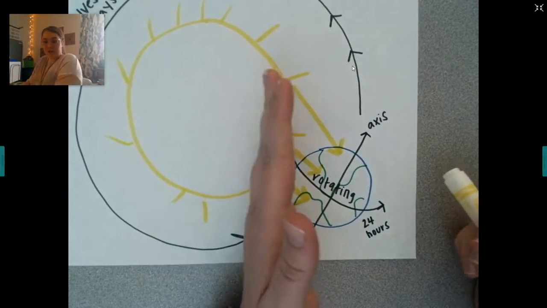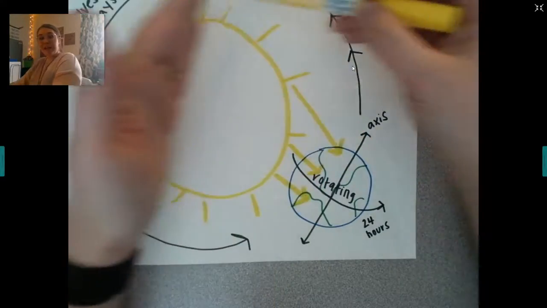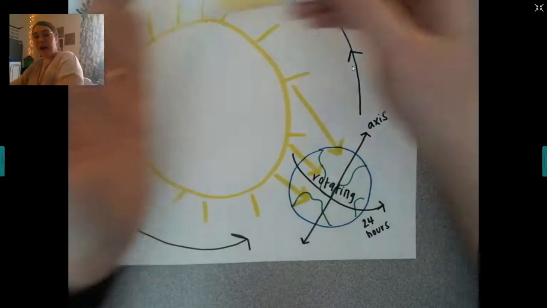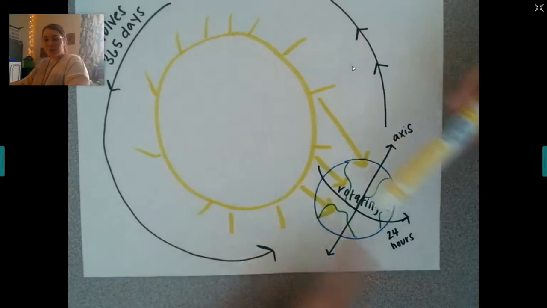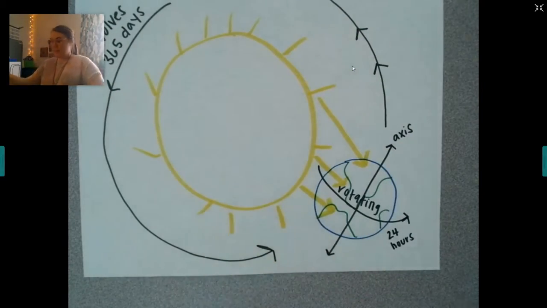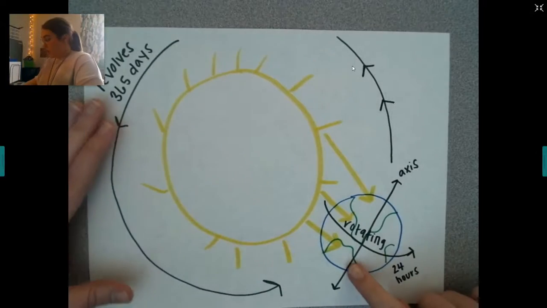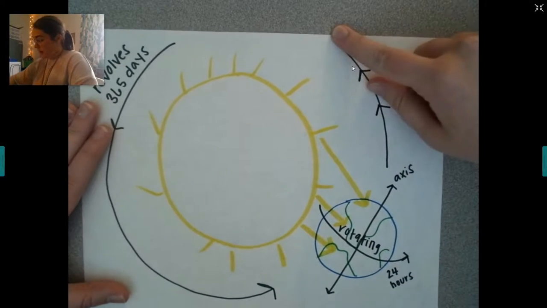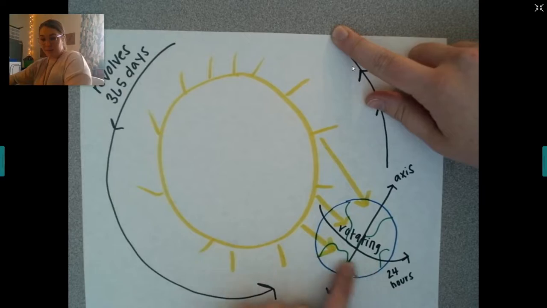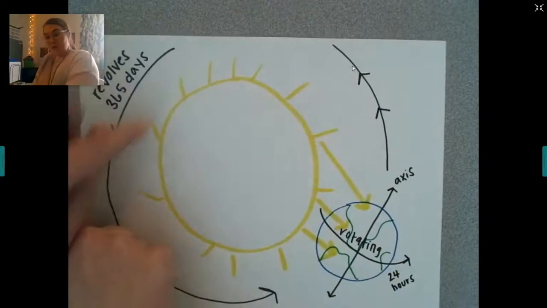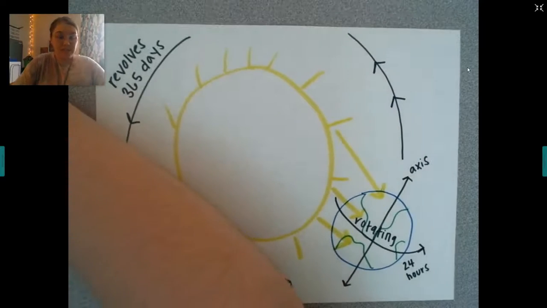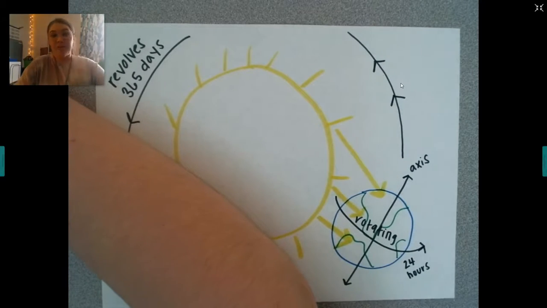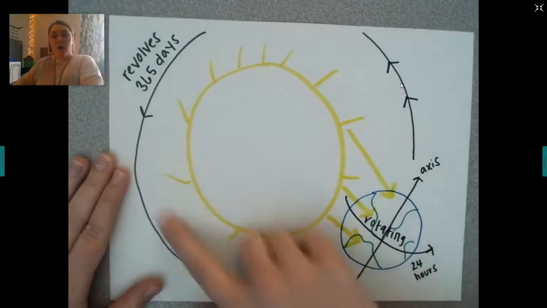Since it's not straight up and down, it's getting more or less sun as it goes around the sun, as it revolves around the sun, and as it rotates on its axis. So say the Earth is over here, it would only get sun on the bottom part. If the Earth is over here, it would only get sun on a little portion of the side. So that is what causes our seasons, the amount of sun that we are getting, depending on where we are in our orbit.